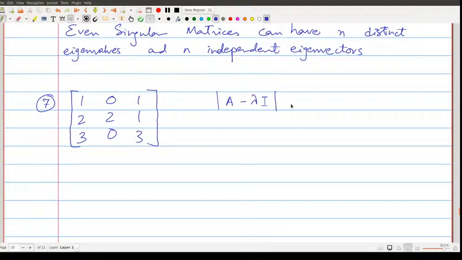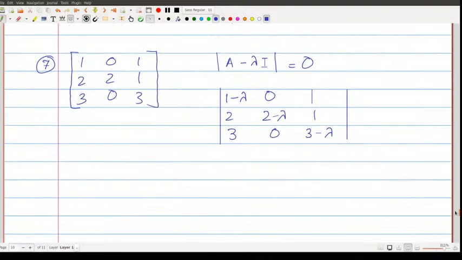Okay, A minus lambda I equals 0. So what's this going to be? 1 minus lambda, 0, 1, 2, 2 minus lambda, 1, sorry. Oops, this is 2 minus lambda, and then 3, 0, 3 minus lambda. Okay. All right.